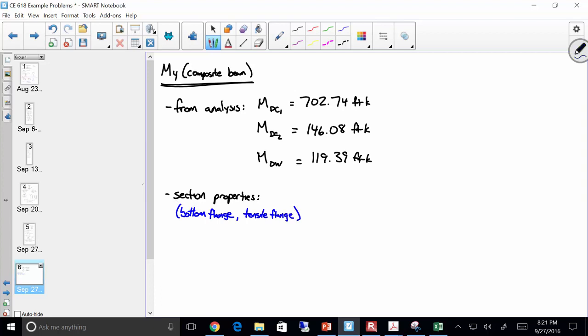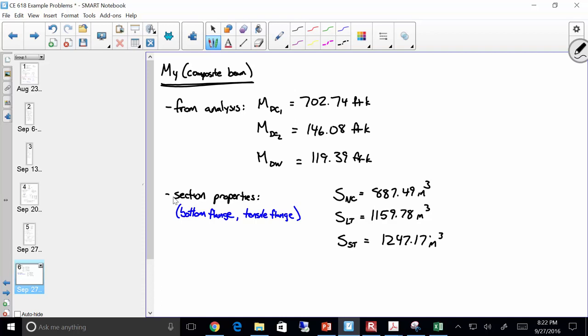We have a non-composite section modulus of 887.49, a long-term section modulus of 1159.78, short-term 1247.17.